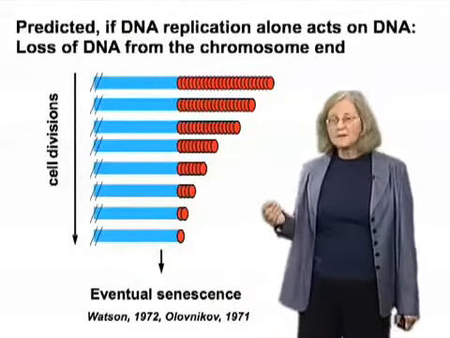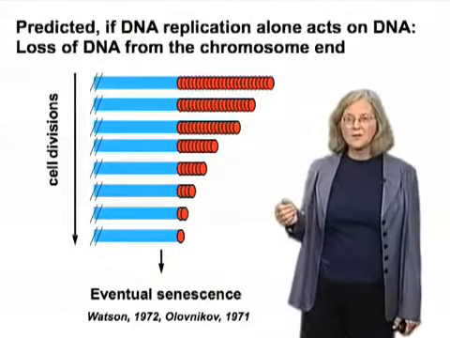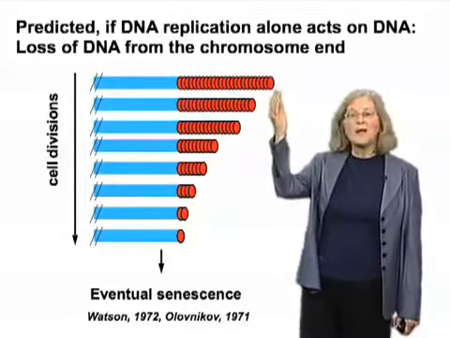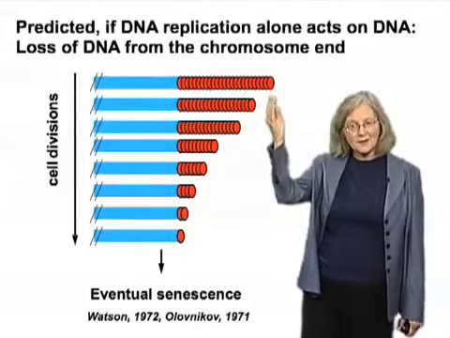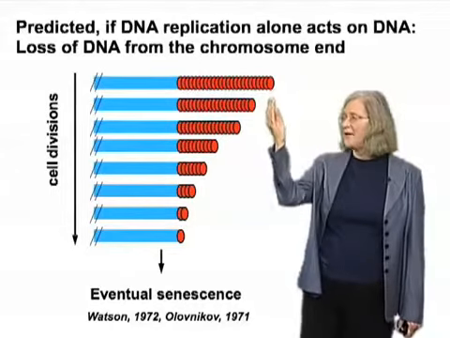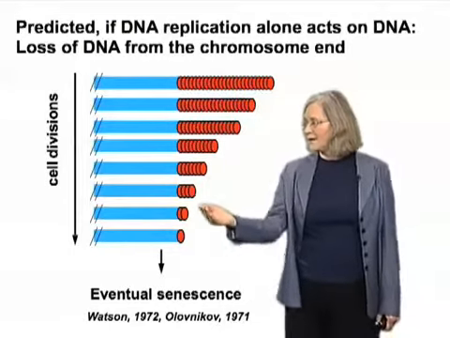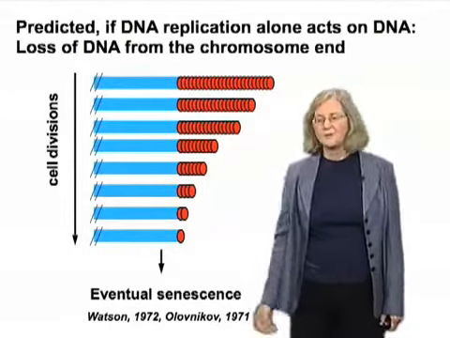Now, the predicted and observed consequence of that inability is that each time the DNA replicates, which it has to do as the cell divides, and then the cell divides, the daughter DNAs are predicted to become shorter and shorter and shorter.